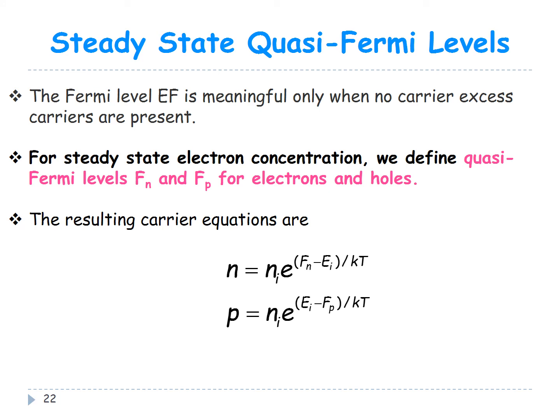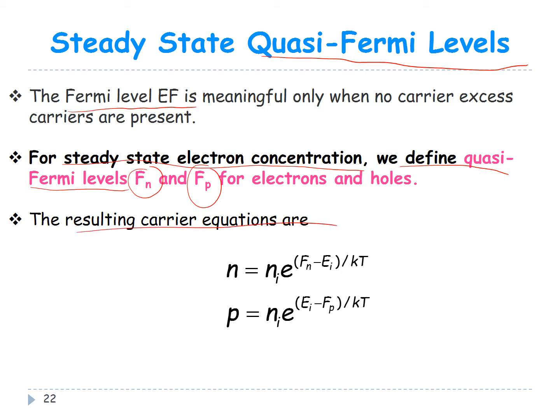Another important thing is the concept of quasi-Fermi levels. You'll find that the Fermi level, EF, is meaningful only when no excess carriers are present. So for steady state electron concentration, we define quasi-Fermi levels, Fn and Fp, for electrons and holes respectively. And the resulting carrier equations are very simple.